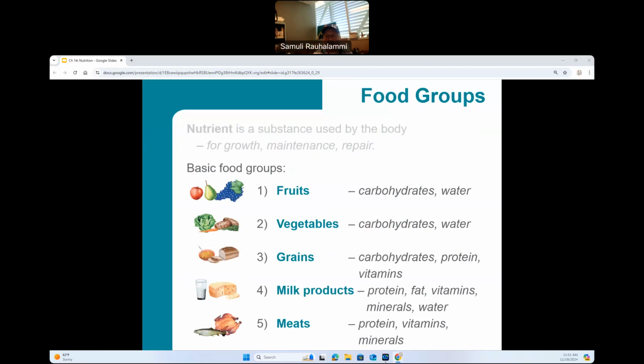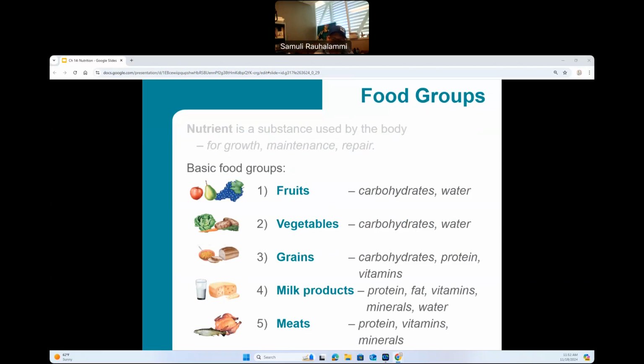Major nutrients in these grain products are carbohydrates, protein, and vitamins. Some of the vitamins could be, for example, thiamine, B1, and niacin. In some of these grain products, we also see water, fiber, and minerals, for example, iron, magnesium, or selenium.